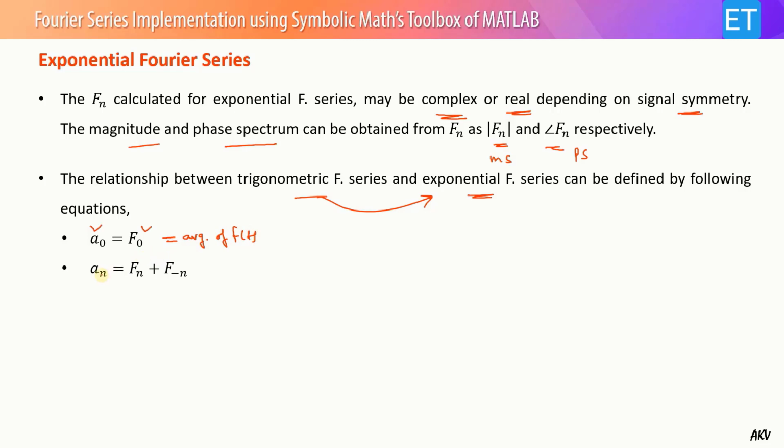You can get the value of an from this equation, summing fn and f minus n, and you can get bn by this subtraction multiplied with j. And if you have an and bn, you can find fn from these like this: 1 by 2, an minus j bn. So these are a few relationship equations.